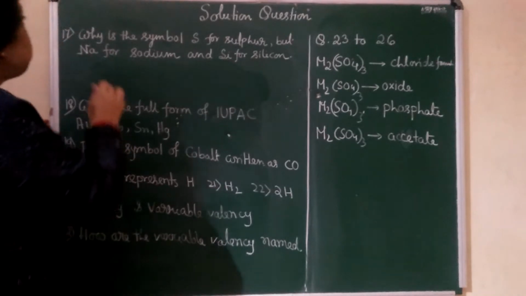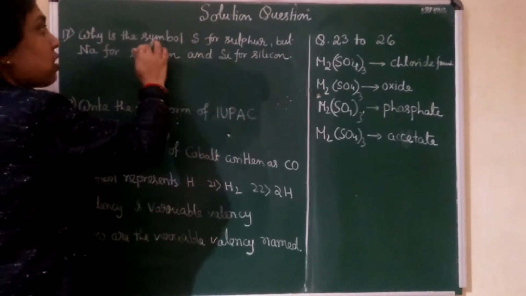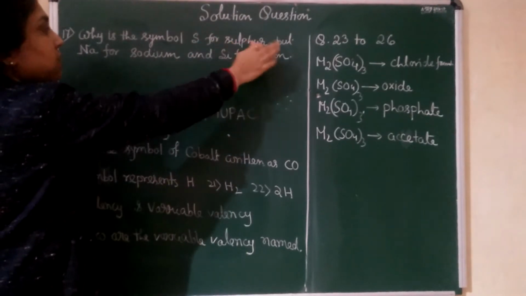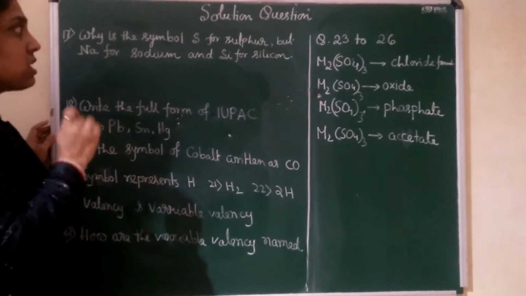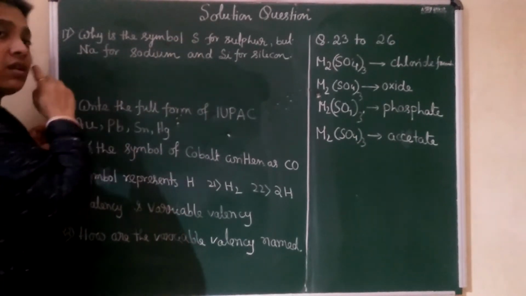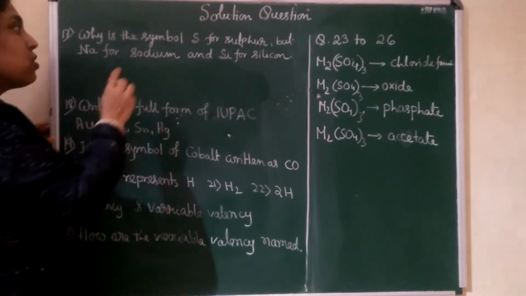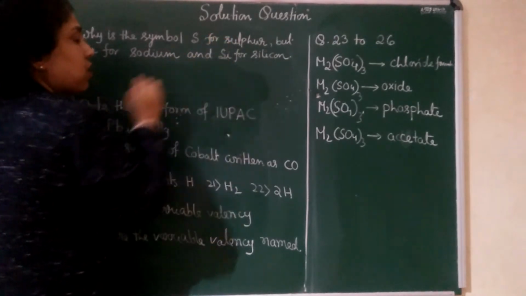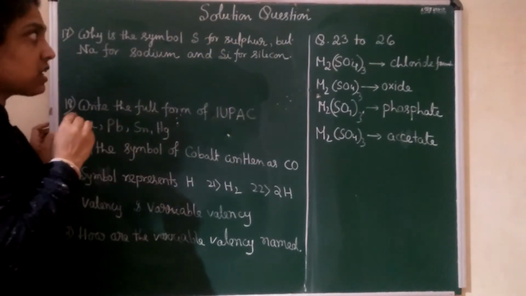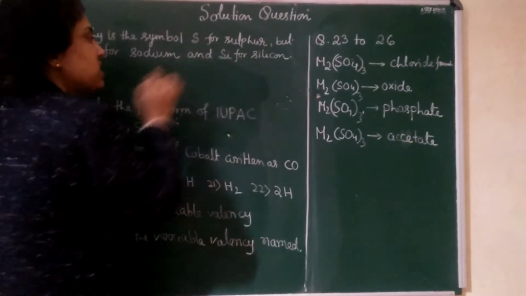Next question is, why is the symbol S for sulfur but Na for sodium and Si for silicon? See, what is the symbol? The symbol is the representation of that element. For sulfur, we write the first letter of its name.